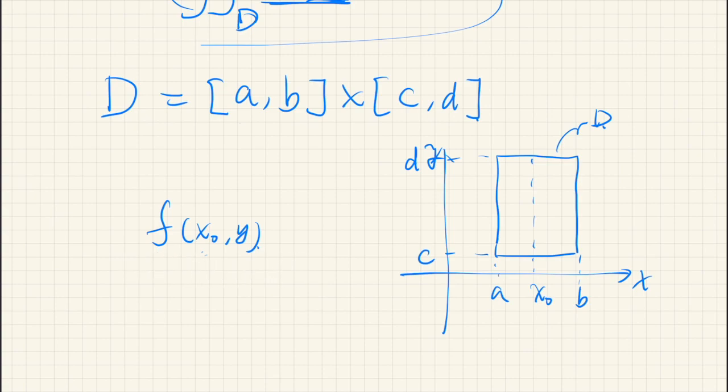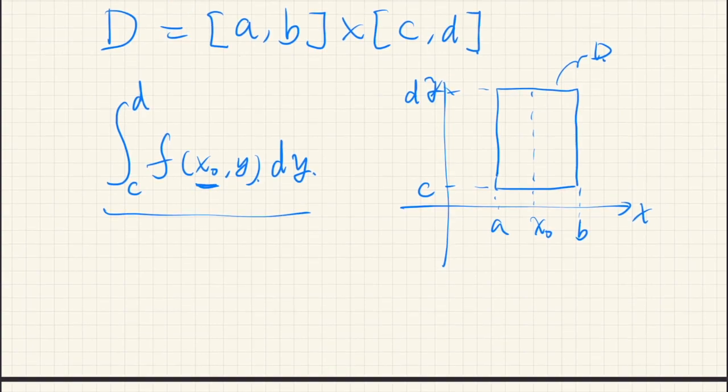So according to the property of a Riemann integral of univariate functions, this is integrable from c to d. So we can calculate this integral. This is just an ordinary univariate Riemann integral. This integral has a parameter x0, and we replace this parameter with variable x so that we can define this new function F of x as this.